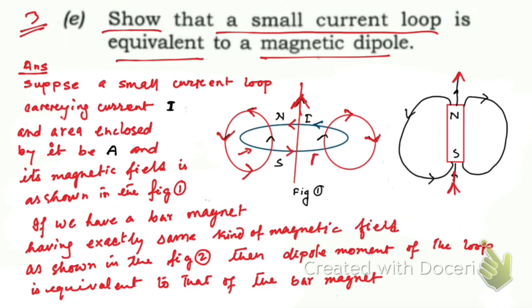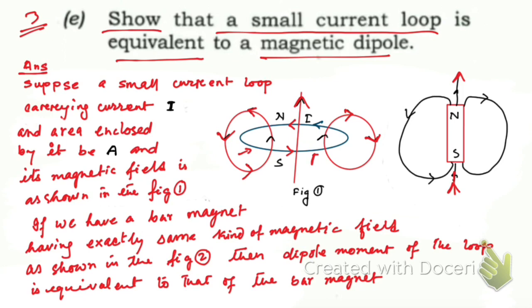So here you see, this is the thumb of your right hand, and the remaining fingers are supposed to wrap in this direction. Then this is the direction of the magnetic field. So hope you have understood this. In this diagram it is not possible for me to draw that, so that's why I couldn't show that here. I hope that you can imagine it. You can apply the right hand thumb rule yourself.